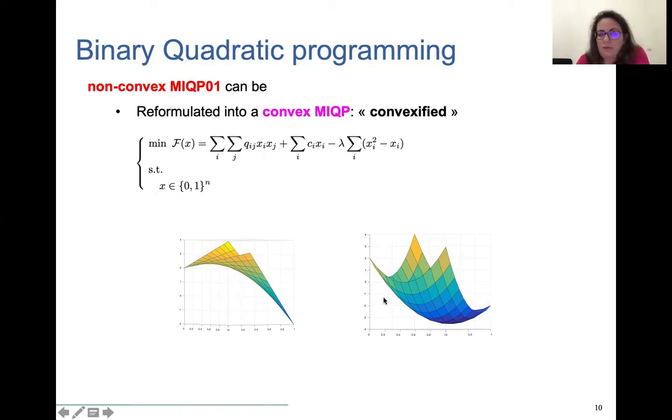So the two functions are perfectly equivalent for binary variables.